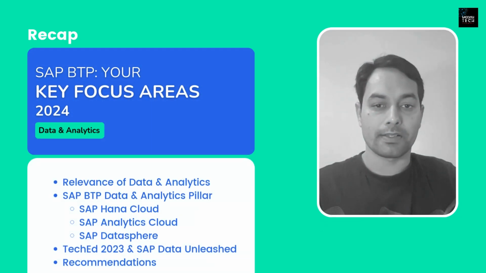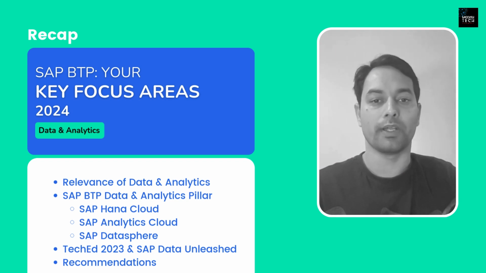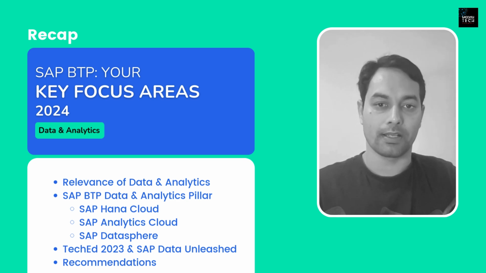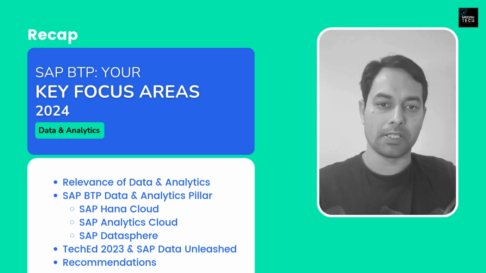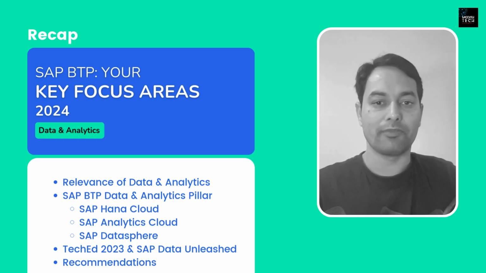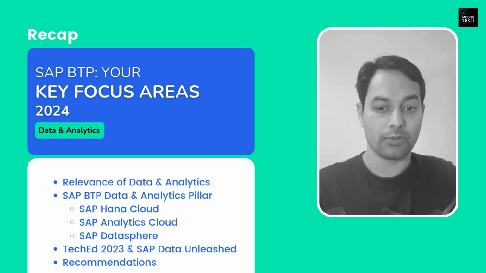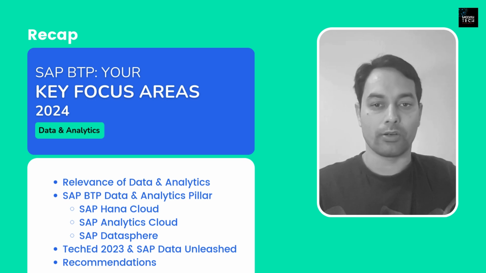In the data and analytics episode, we started by explaining why data and analytics is relevant in today's world, especially when enterprises are taking decisions based on their data. Then we moved to SAP BTP Data Analytics pillar, where we briefly touched upon SAP HANA Cloud, the database, SAP Analytics Cloud, your solution for analytics, and Data Sphere, so data warehousing and all complete business fabric where you can just play around with your data.